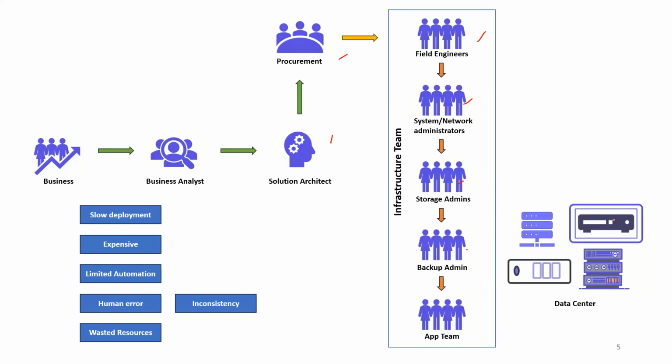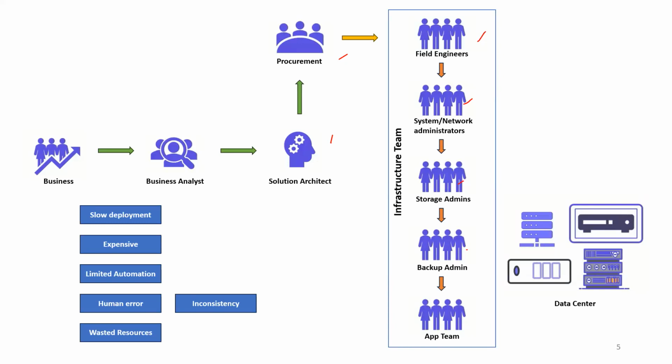You are buying a lot of resources, but only using a small amount. That is the reason it is called wasted resources. So when you're working in a traditional working model, you will see all of these things, guys. It is a slow deployment model because the turnaround time varies from weeks to months, and it is a very costly model because scaling up and down is costly, and maintaining the model is costly.